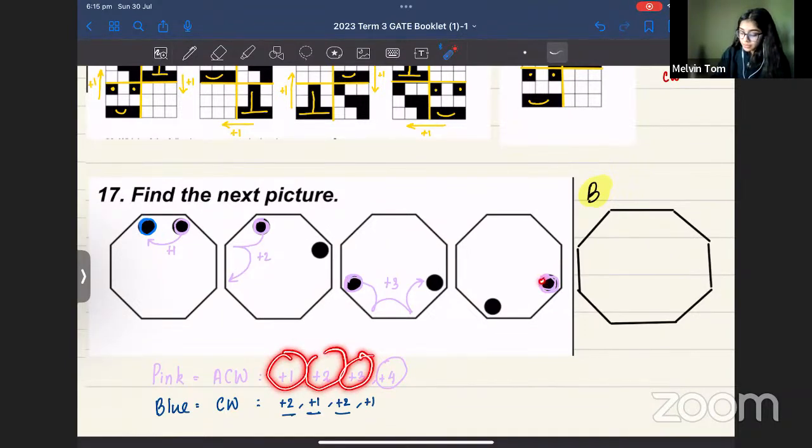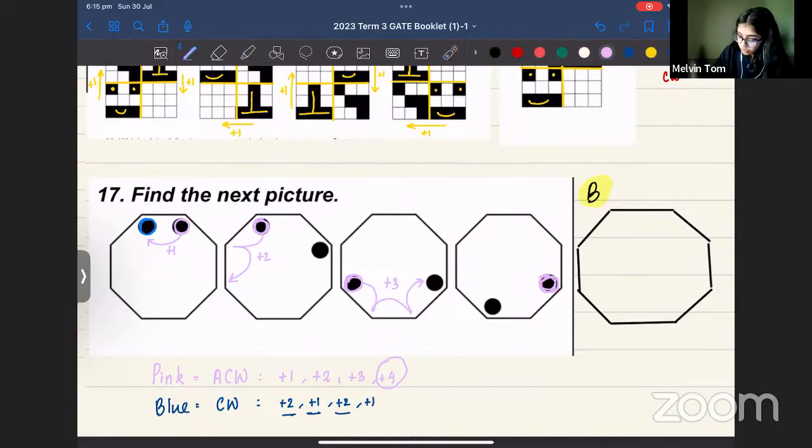And the next image will be +4. That's 1, 2, 3, and 4 right here. Does this make sense? That's +4. And your pink dot will be right here. Now, let's look at the blue dot.